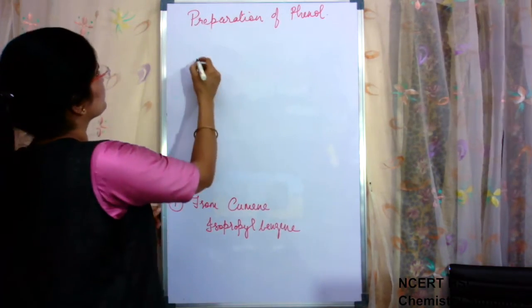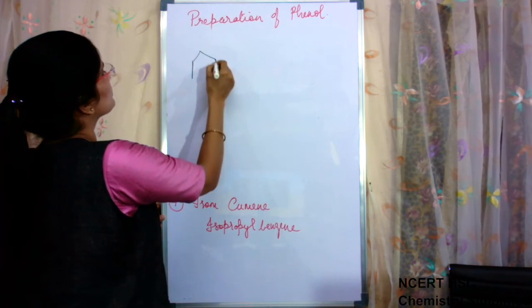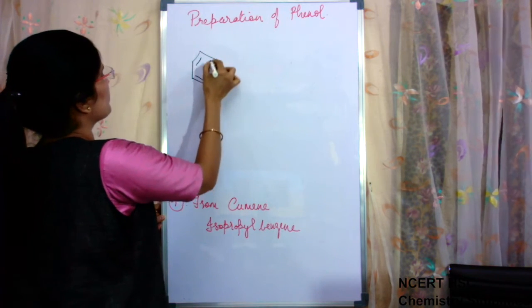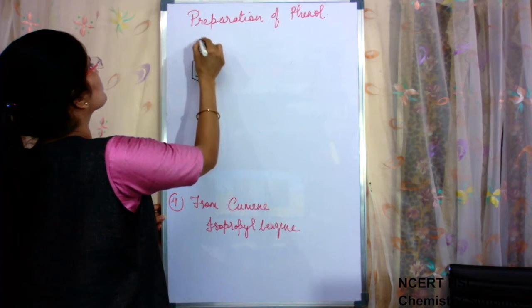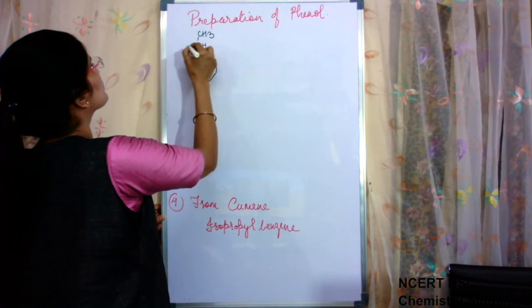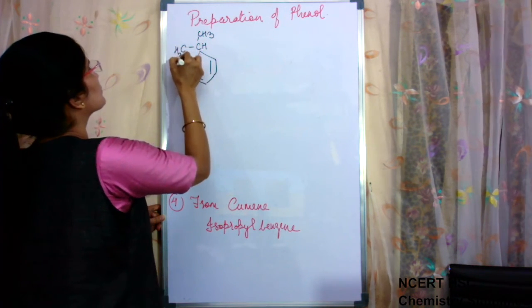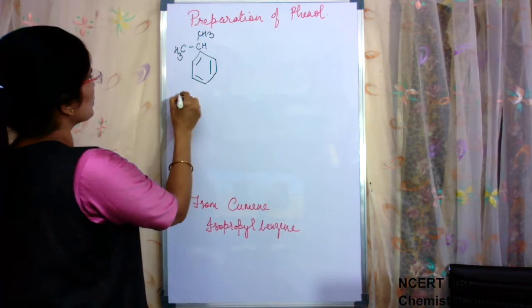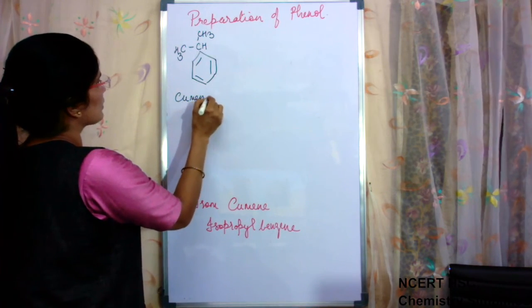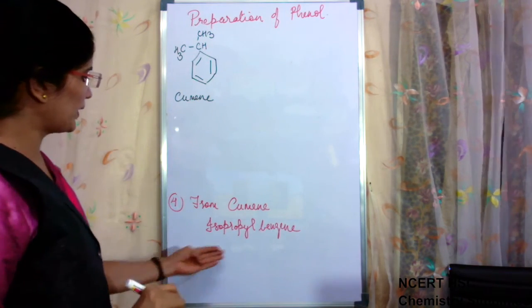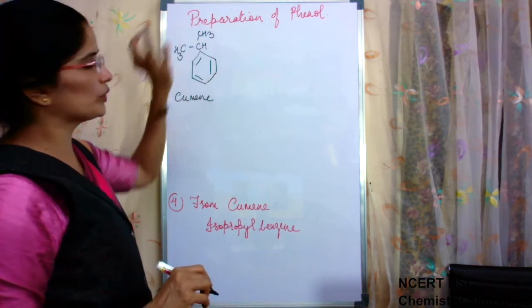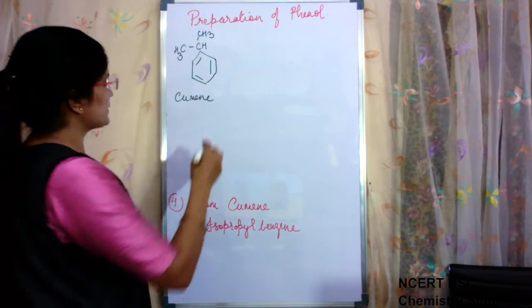This is benzene, this is your cumene, isopropyl benzene. This is the isopropyl group and this is benzene.